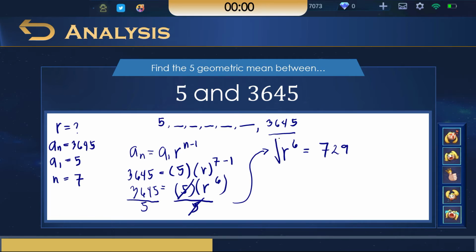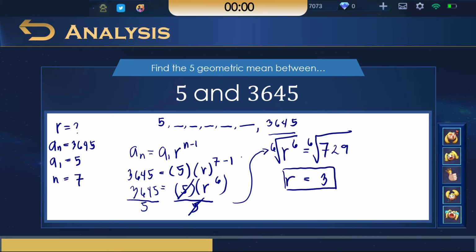To do that, we're going to get the sixth root of both sides of the given equation. So we have the sixth root of r raised to 6, which is r, and the sixth root of 729, which is 3. So the common ratio of this sequence will be equal to 3.